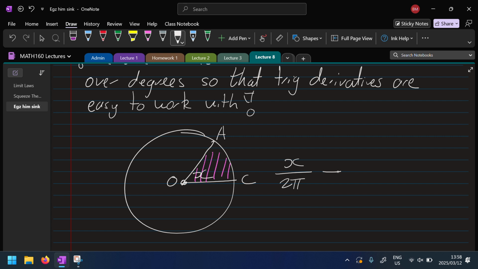Now this must be equal to the ratio of the areas. The ratio of the angles must be the same as the ratio of the areas because it's the same amount that we're going around. So what area do we want? We want that OAC area. And what's the full area going to be?